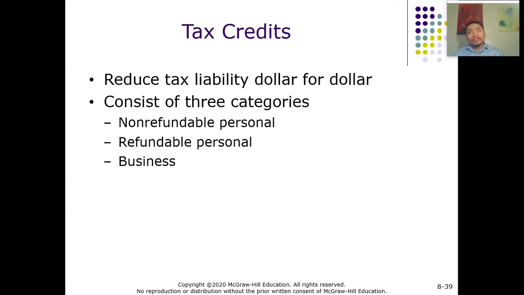If let's say the taxpayer's tax liability is $1,000 and the tax credit is $2,000, then the tax credit is going to bring the tax due to zero, right? Because the liability is only $1,000 and the tax credit is $2,000. So it's going to bring the tax due down to $0. Right? So basically, the taxpayer doesn't have to pay any tax at all.